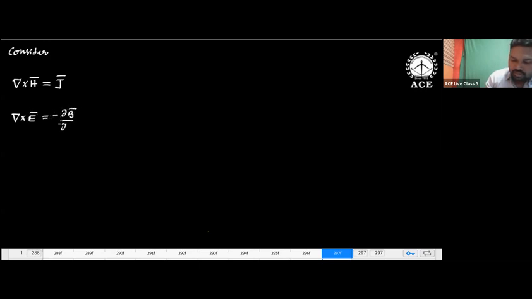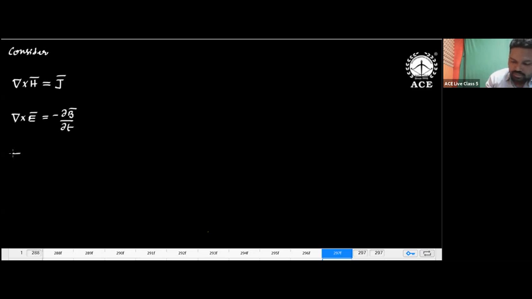Let us focus on the equations we have developed so far. Let me write them down. We have seen that del cross H is equal to J. The other one is del cross E is equal to minus dou B by dou t.